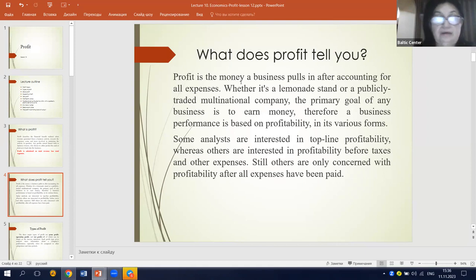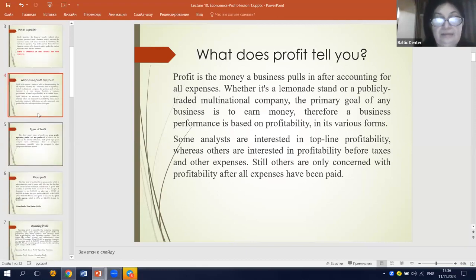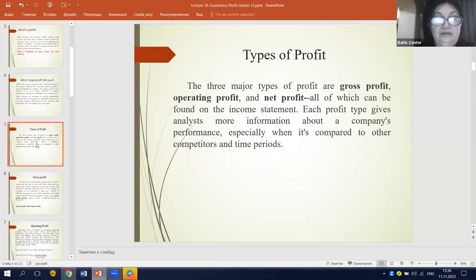Some economists are interested in top line profitability, whereas others are interested in profitability before taxes and other expenses. Still others are only concerned with profitability after all expenses have been paid. Profitability, okay?